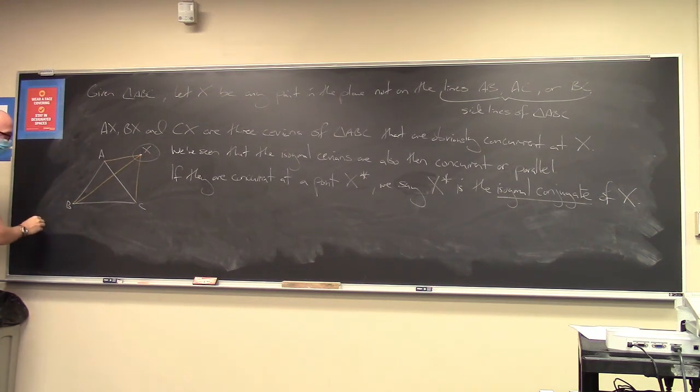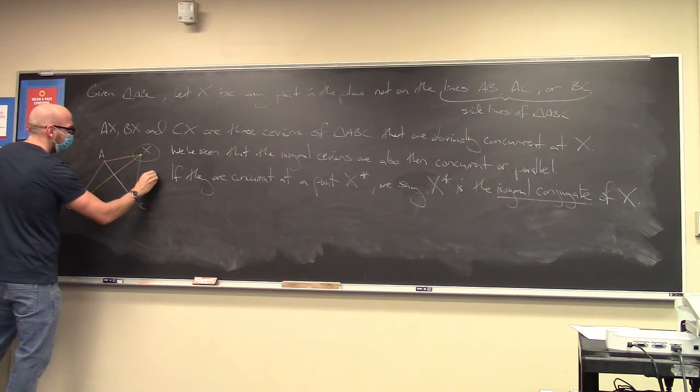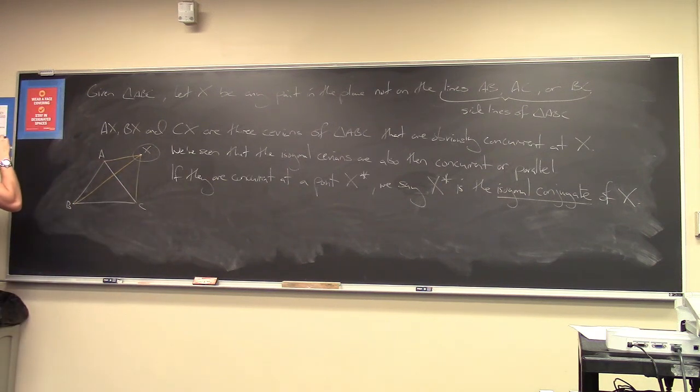How does this work? I forget exactly how this works. It might also be out here as well. Here, my isogonal is going to live here. Actually, concurrency would have to happen somewhere out here.